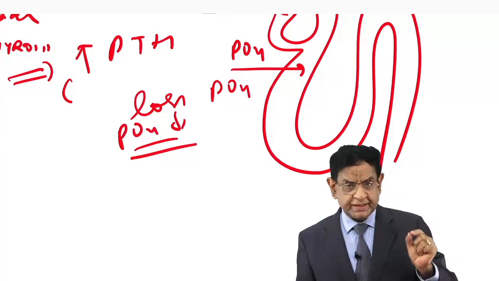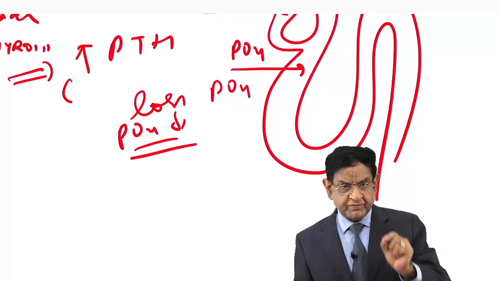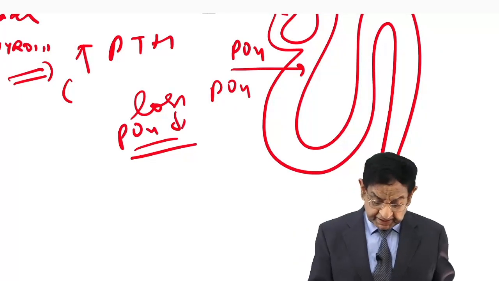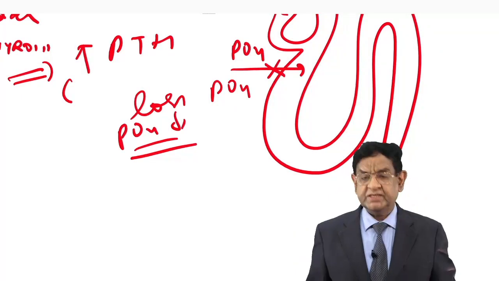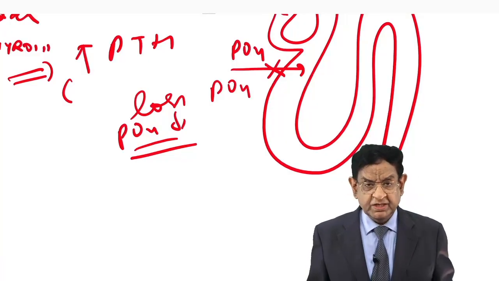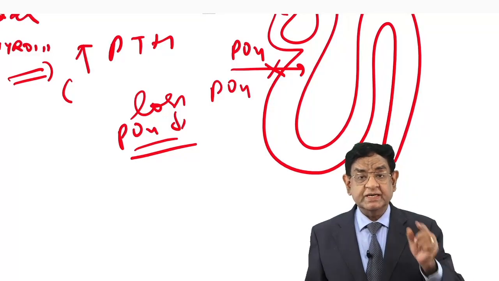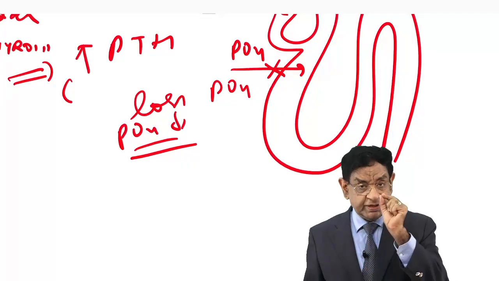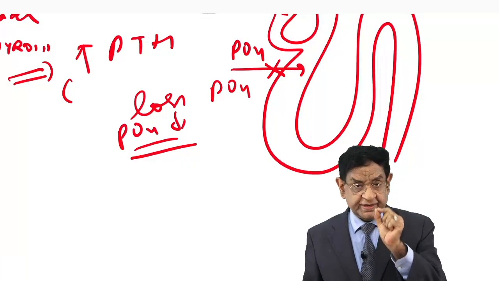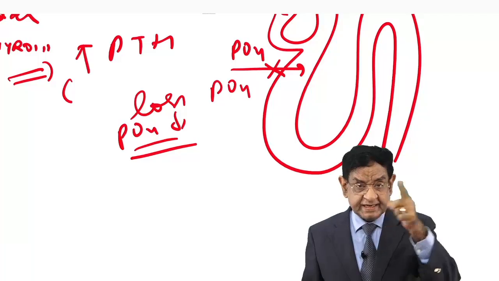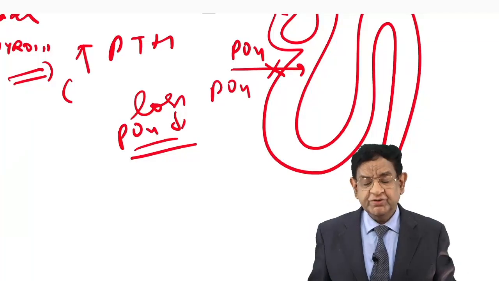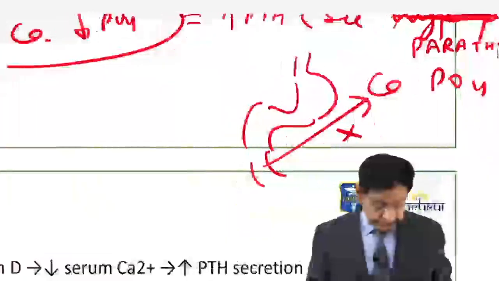Point to be noted, in chronic renal failure also there is secondary hyperparathyroidism, but this phosphate excretion is not there. Why not there? Because the kidneys are not functioning, so in chronic renal failure phosphate is retained, and that's why it leads to hyperphosphatemia.